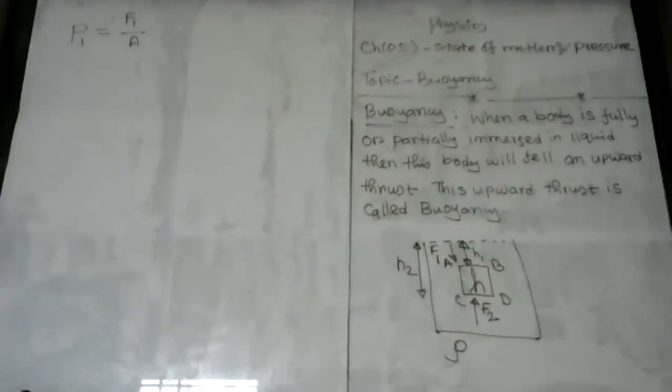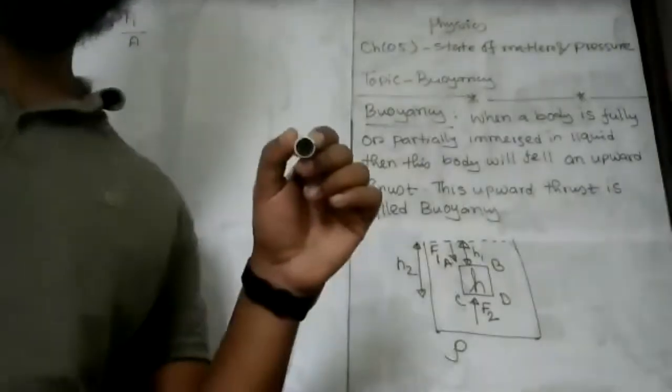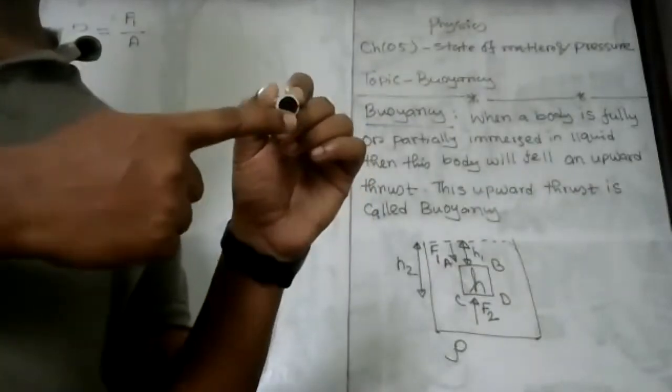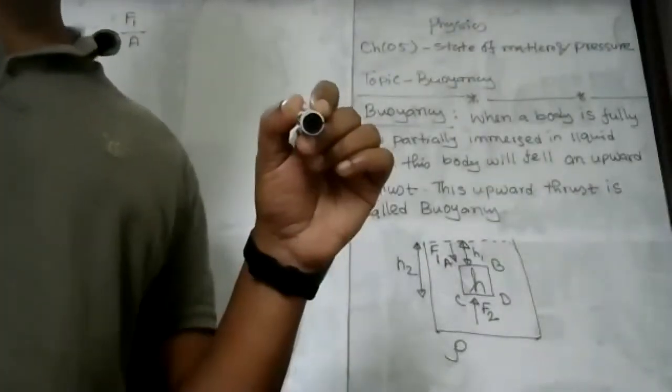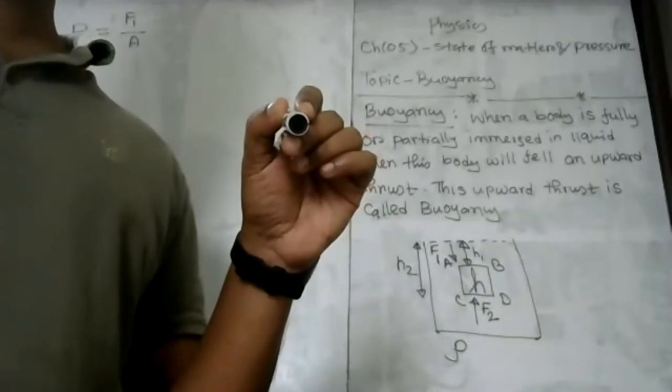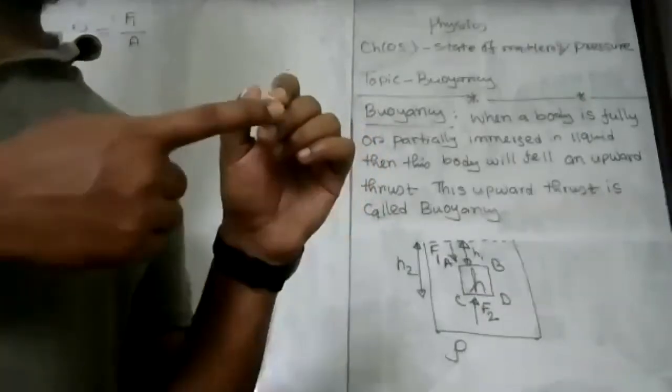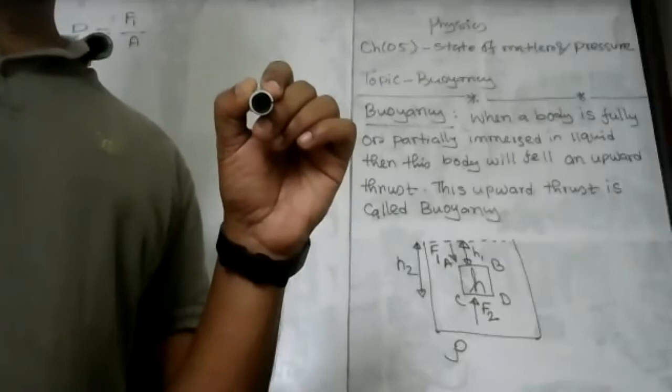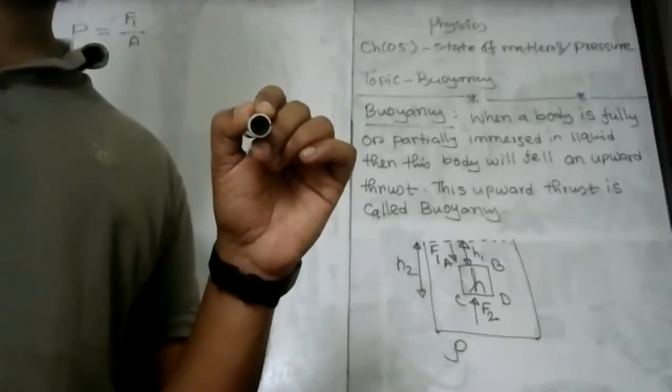A is the area of cross section of this cylindrical shaped body, my dear student. You see a marker, okay? The black part of this marker indicates the area of cross section of this cylindrical shaped body.